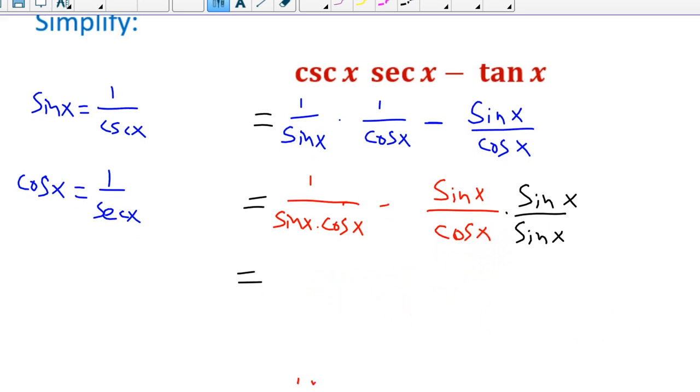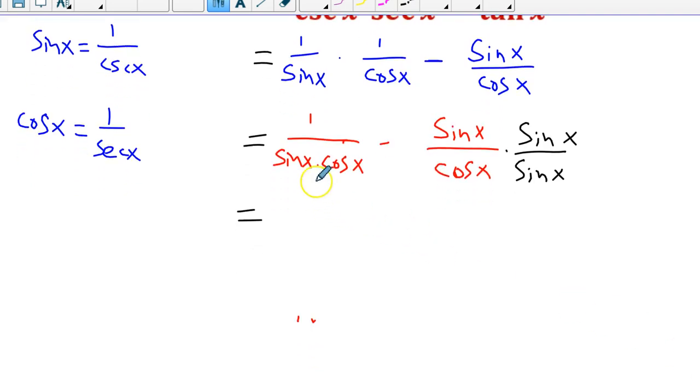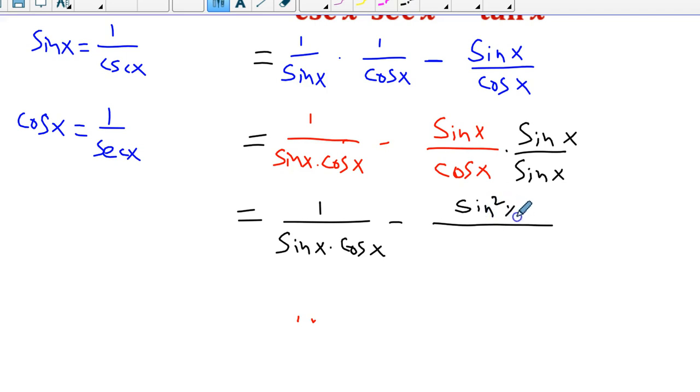Next, this is 1 over sine x times cosine x minus, in the numerator I am seeing sine x times sine x. What is sine x times sine x? That gives me sine square x.